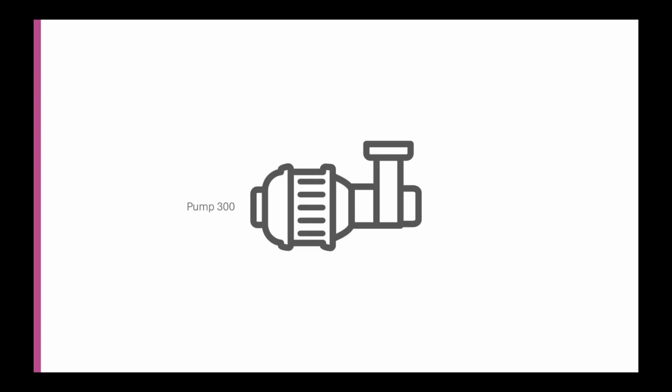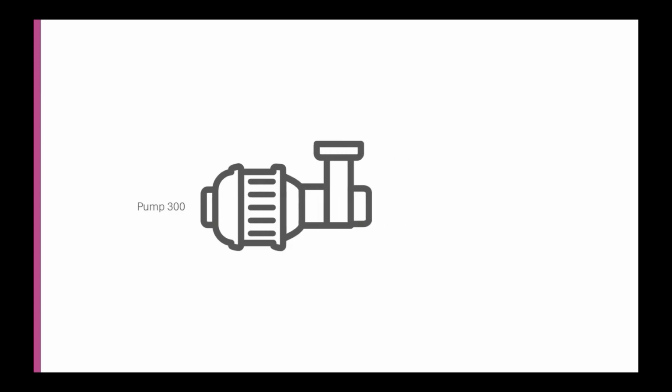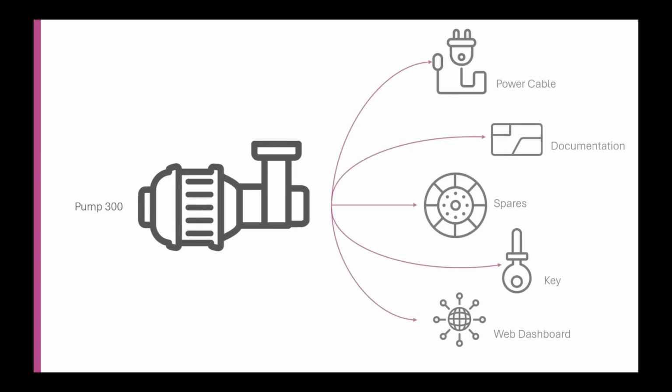But if we were to look at this from more of a business perspective, there's a lot more that goes into this product than just that end item. It could be all sorts of different things. There could be additional equipment, such as the power cable, the starting key. We might have some documentation, maybe an instruction manual that goes along with it, or health and safety information. There could be a whole spare parts catalog and all the spares within the business to maintain that.